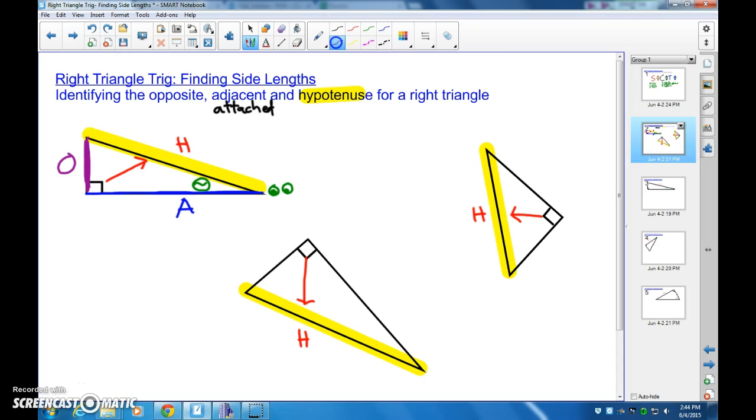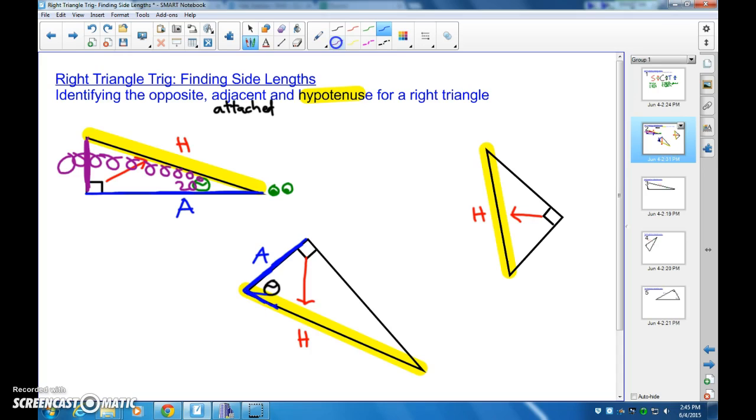Another way I think of the opposite is I take that angle, let's say it was 20 degrees, and I take that O and I go O all the way over to the opposite side. So if you have one over here, let's say this is your angle. What's attached to this angle is right there. That's the attached side. You might argue that down here is also attached.